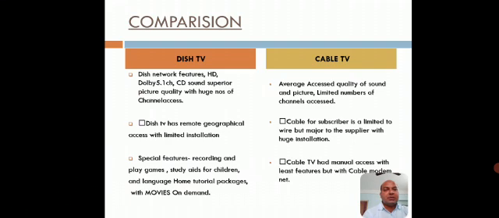Cable TV for the subscriber is limited to wire, but is major for the supplier with huge installation. Special features: recording and playing games, study aids for children and languages, home tutorial packages with movies on demand, whereas cable TV has manual access with fewer features.